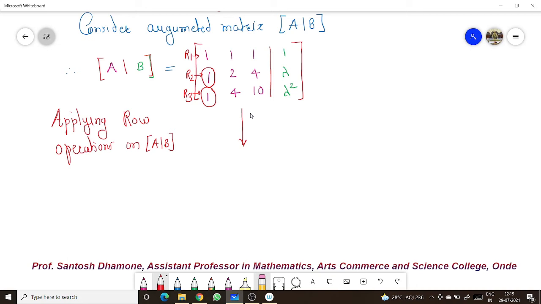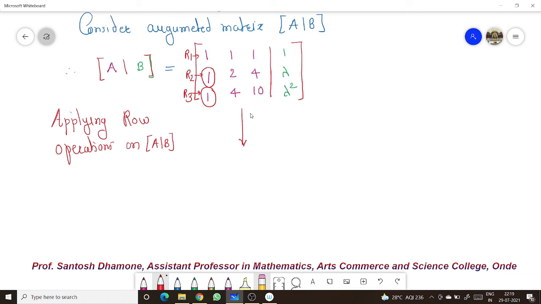This implies lambda minus 1 equal to 0 or lambda minus 2 equal to 0. This implies lambda is equal to 1 or lambda is equal to 2.